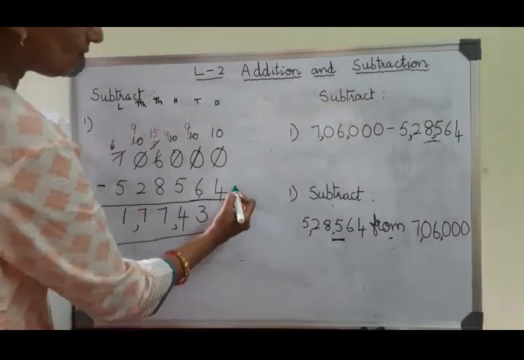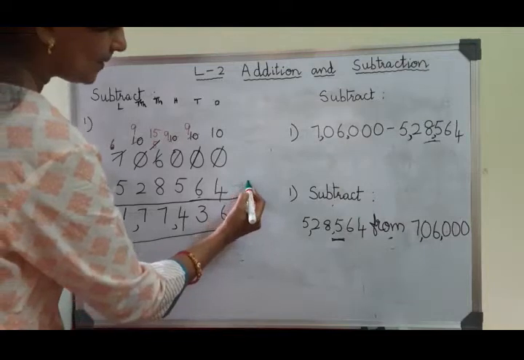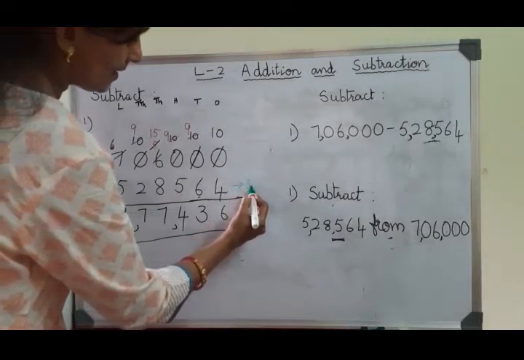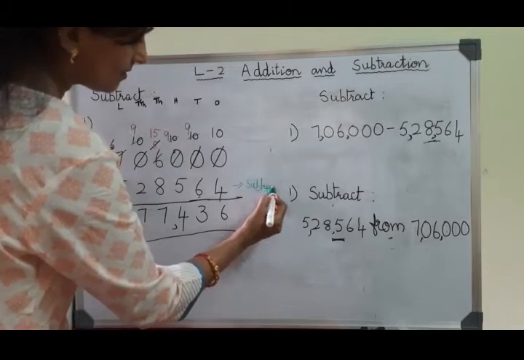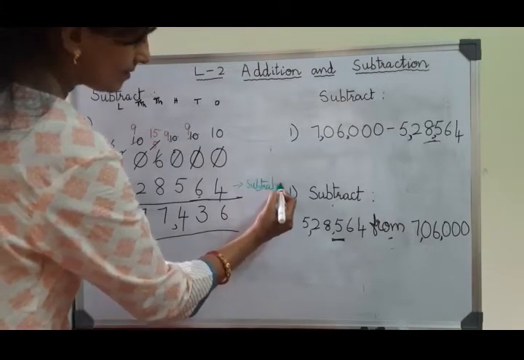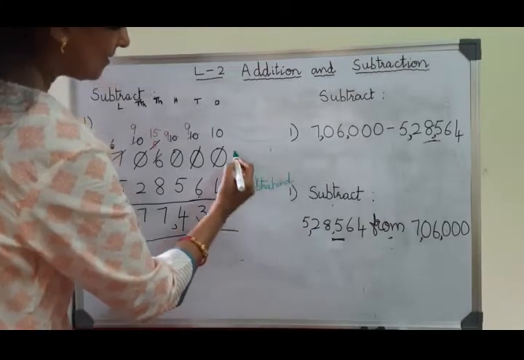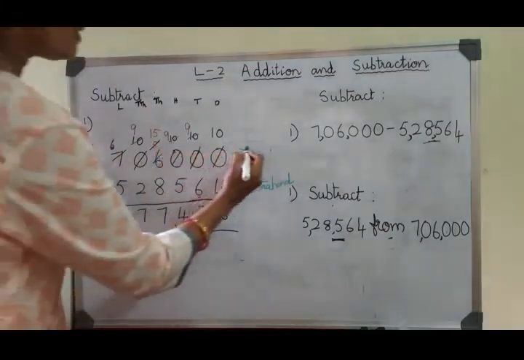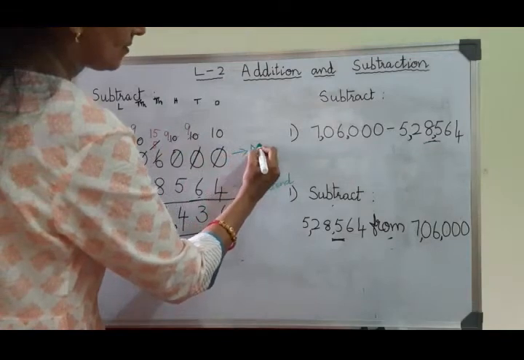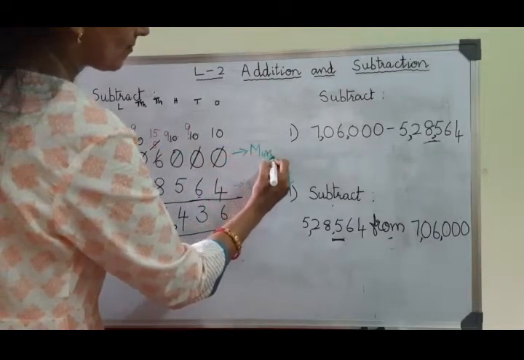Here you have subtracted 5,28,564. What do we call this number? It is the subtrahend. From which number have we subtracted? It is known as the minuend.